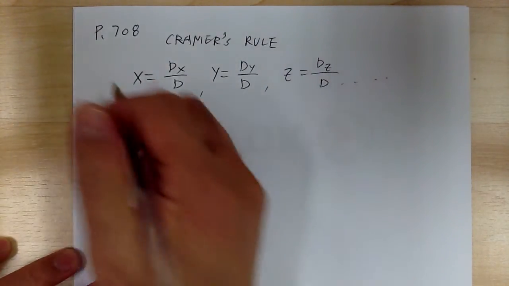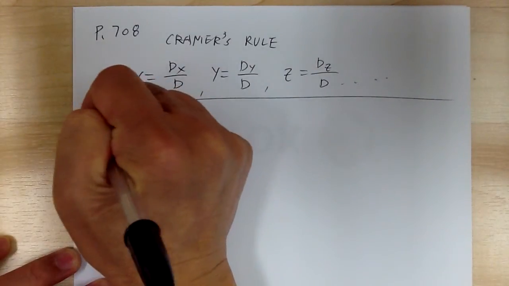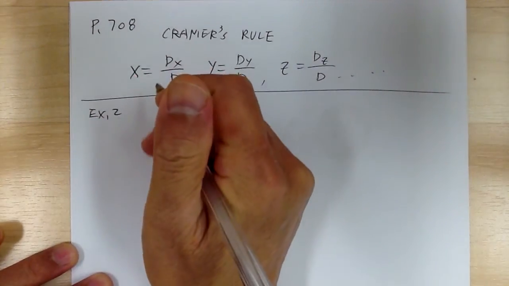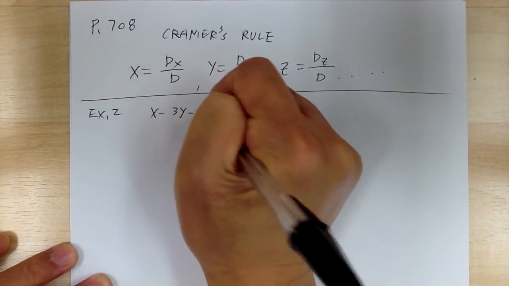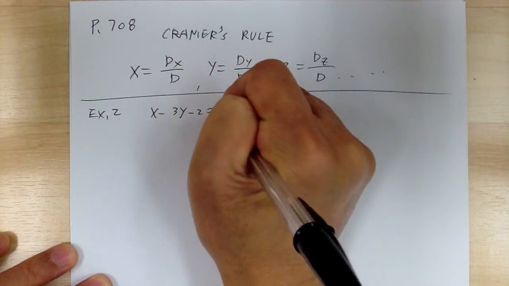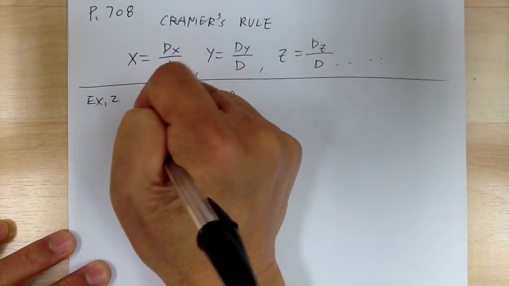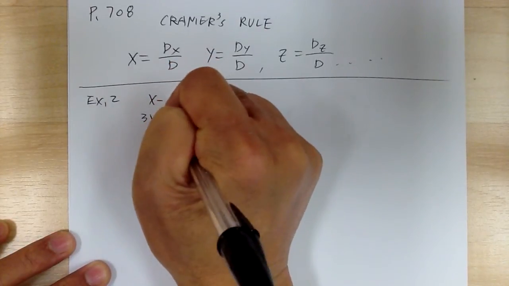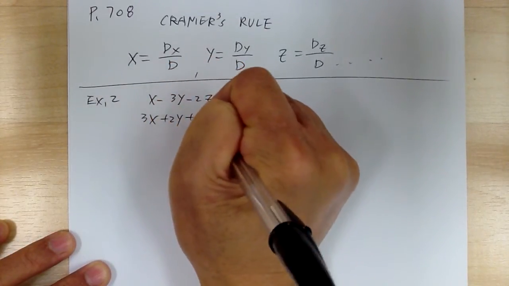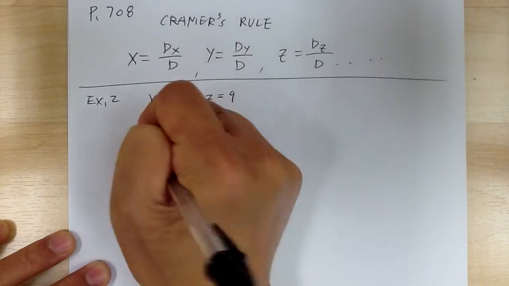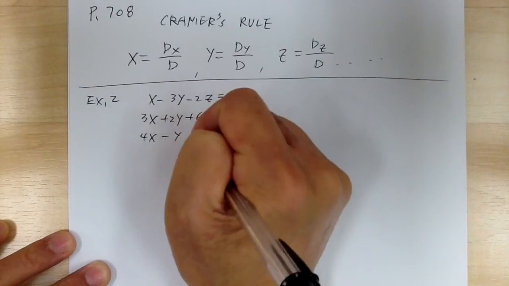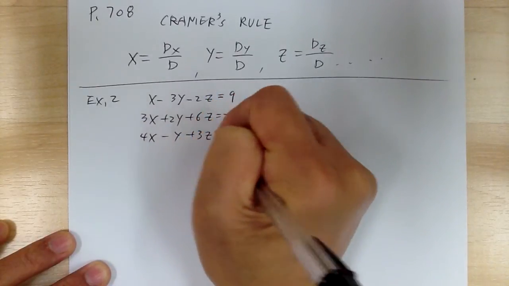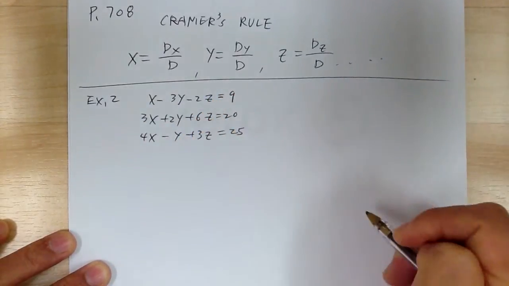Let's go to example 2. You have x minus 3y minus 2z equal to 9, 3x plus 2y plus 6z equal to 20, and 4x minus y plus 3z equal to 25.